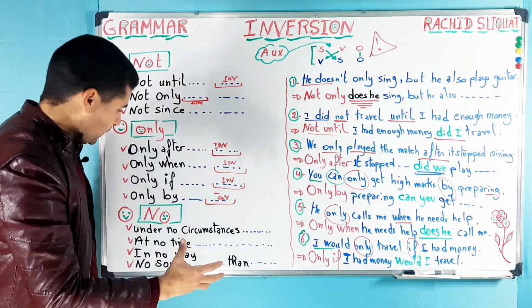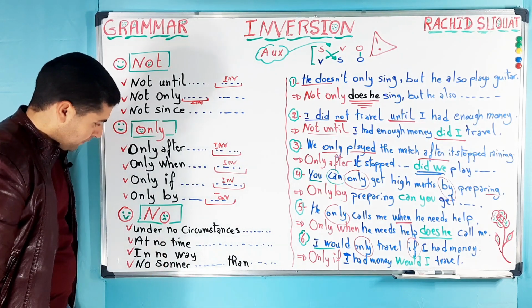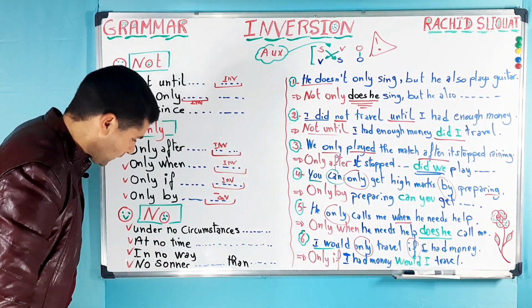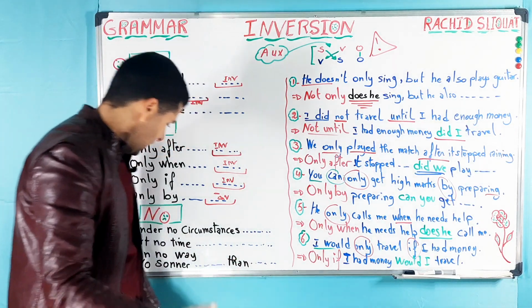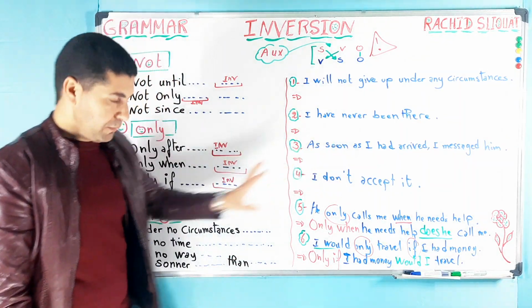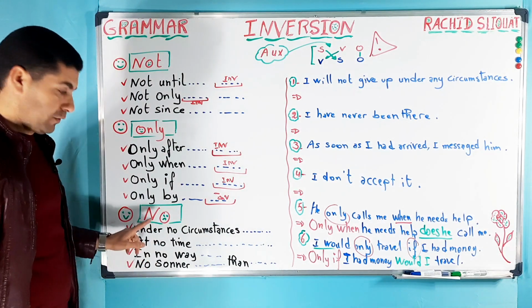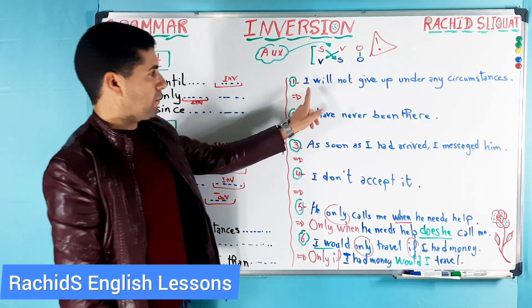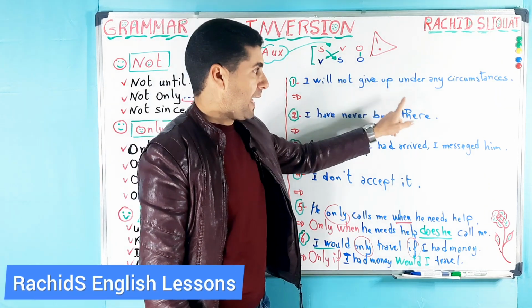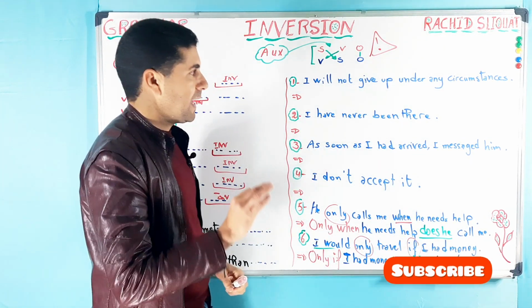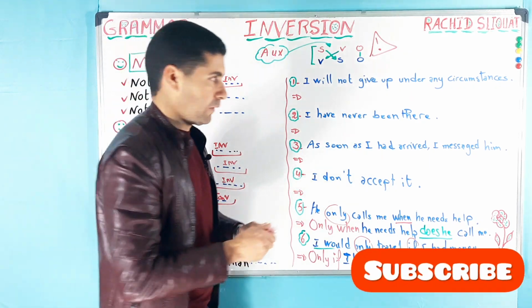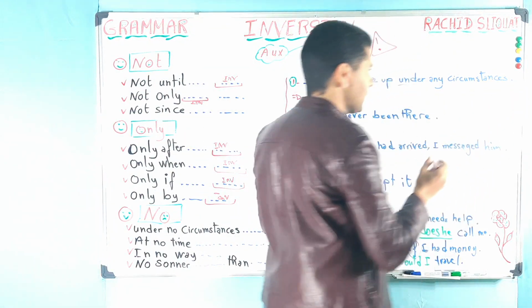Okay, so we still have these expressions like under no circumstances, at no time, in no way, and no sooner than. So these are examples related to the expressions with no. In number 1, we have: I will not give up under any circumstances.